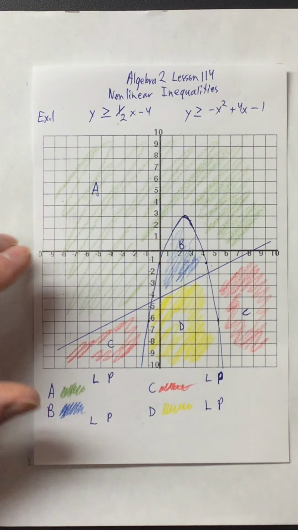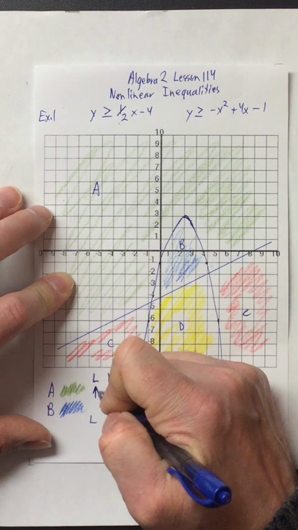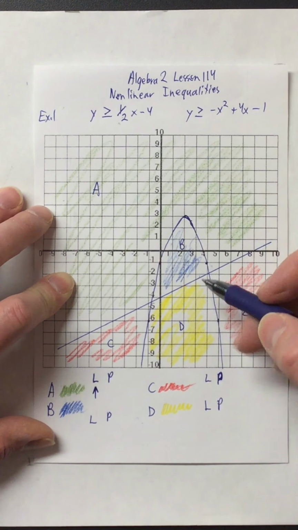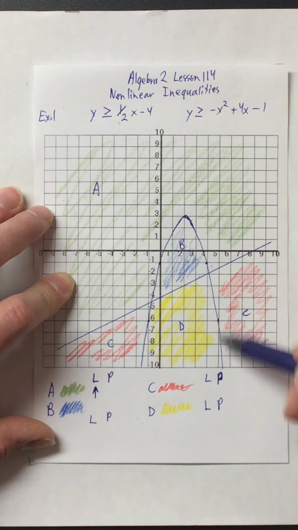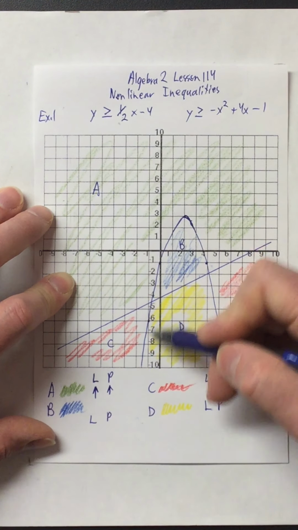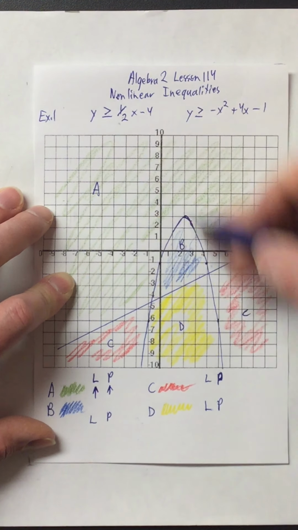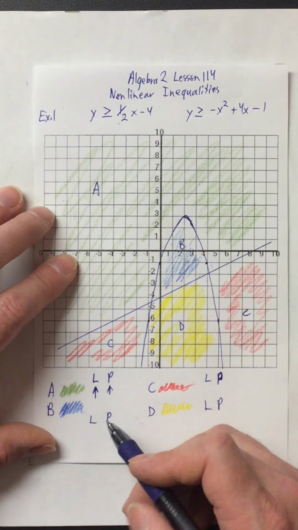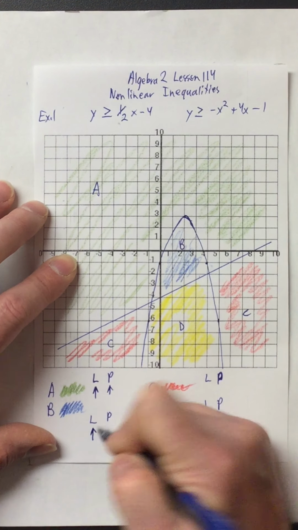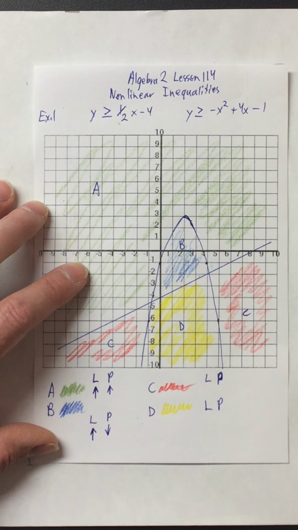So let's put some things here. Notice A is above the linear line, and since it's on the outside of the parabola, it's above the parabola, because the parabola opens down, so any part on the outside of the parabola is going up. B is also above the linear line, but it's below the parabola.